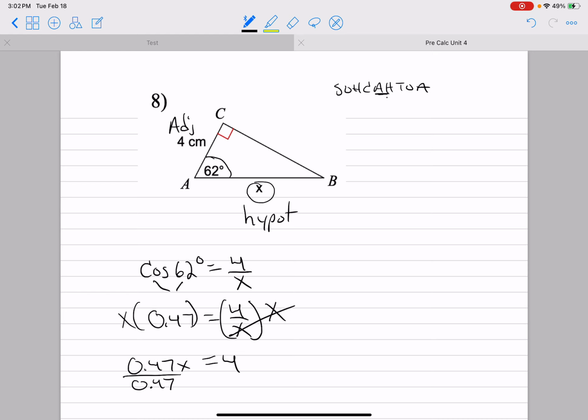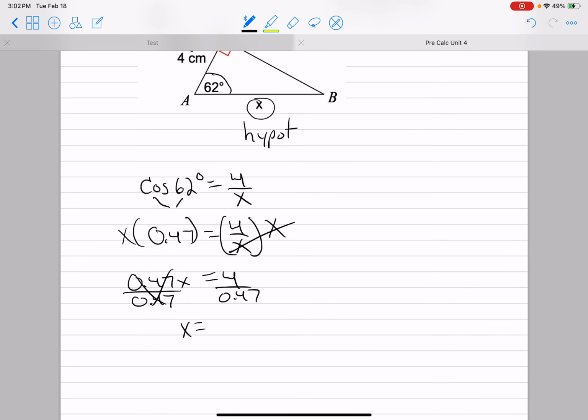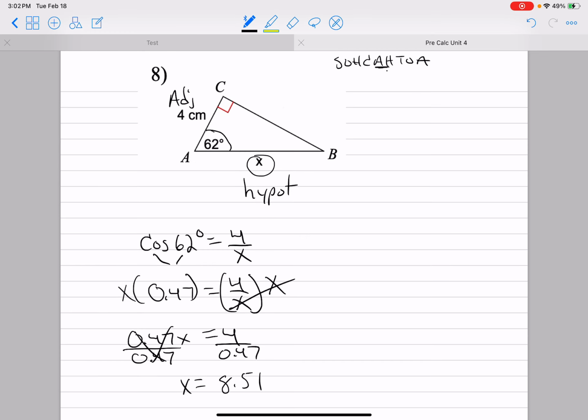Divide by 0.47. x equals 4 divided by 0.47, about 8.51. So if this one is 4, this one is about 8.51 units, whatever the unit is.